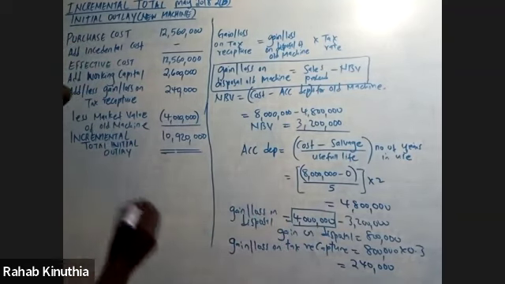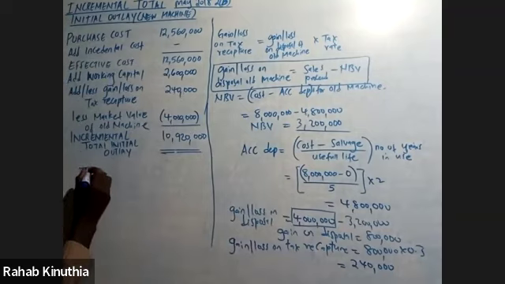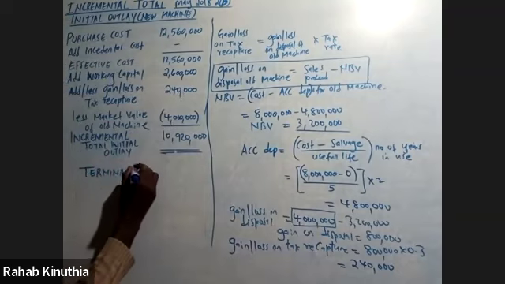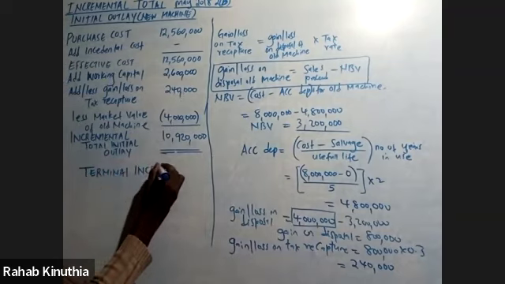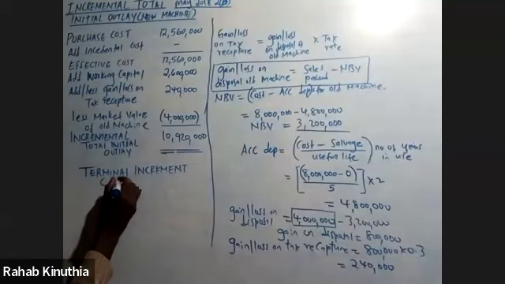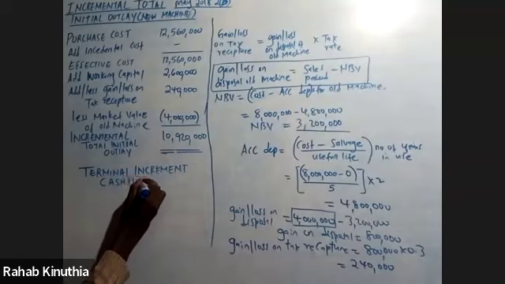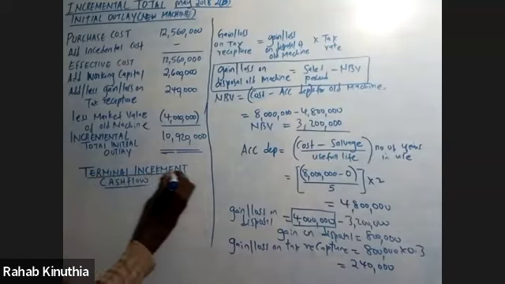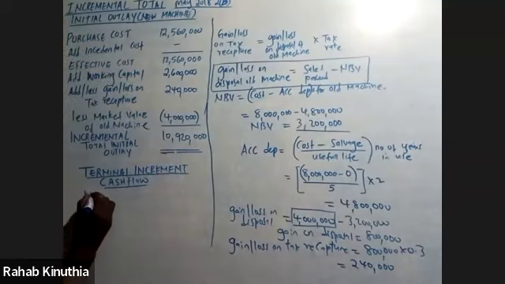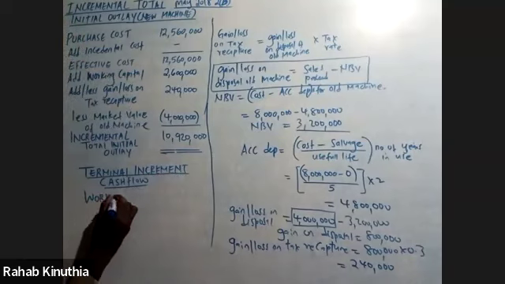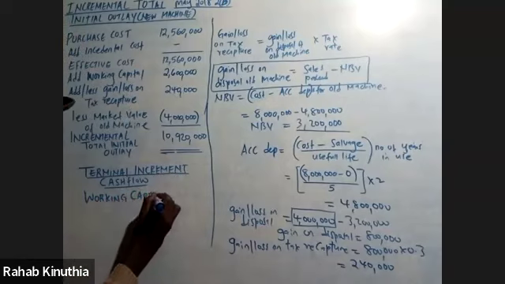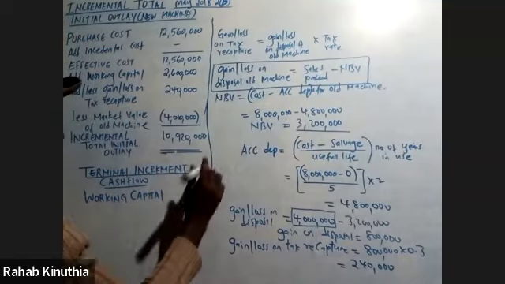We have done number A. Then number B, terminal cash flow. Let's determine the terminal incremental cash flow. What was the formula? We start with the working capital. What's our working capital?